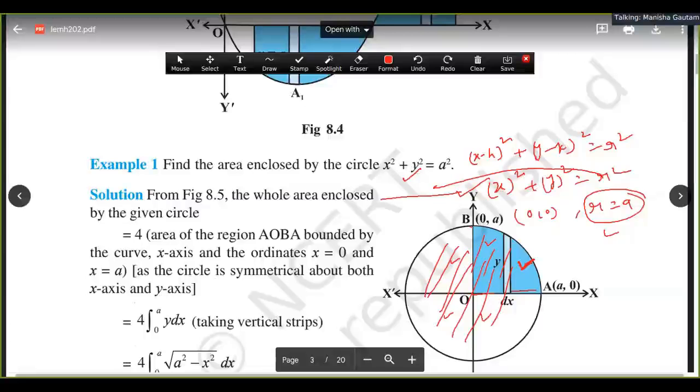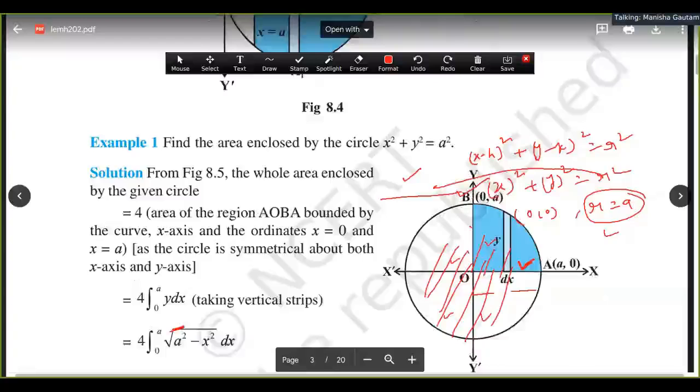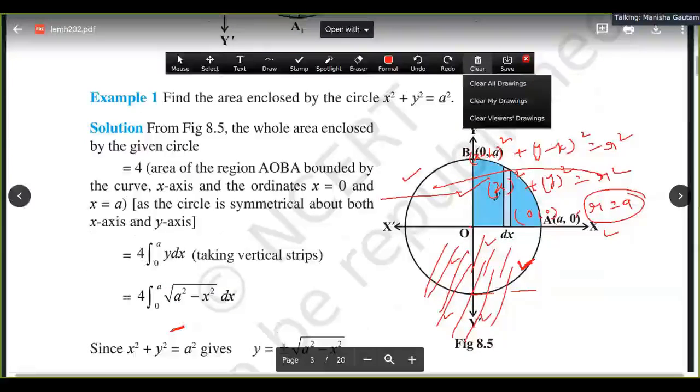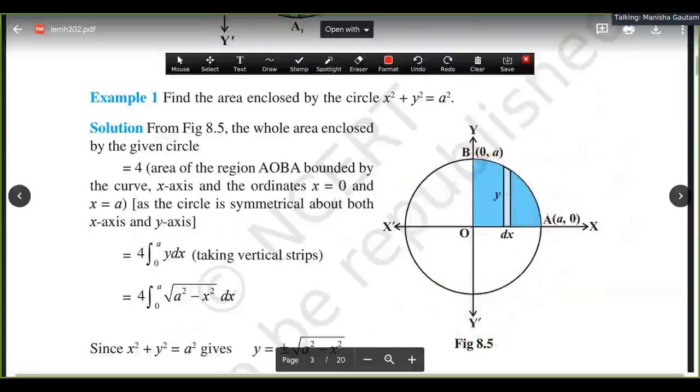Here you are integrating the function with respect to x. It means the limit of x will be there. The limit is from 0 to a.